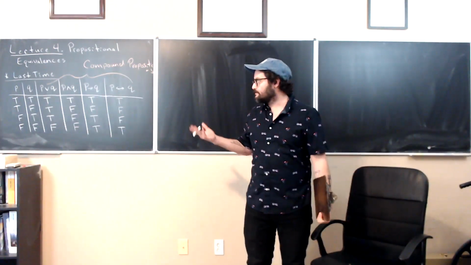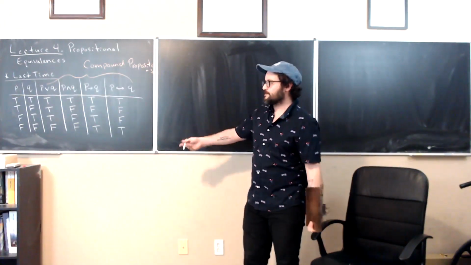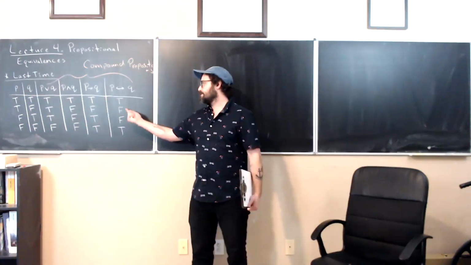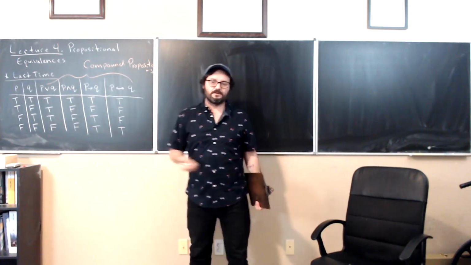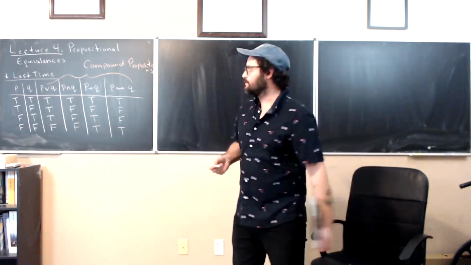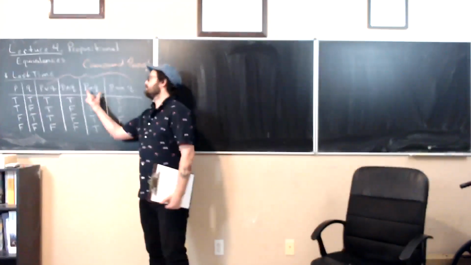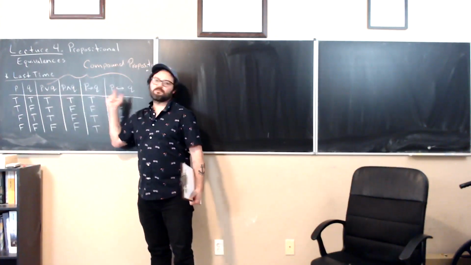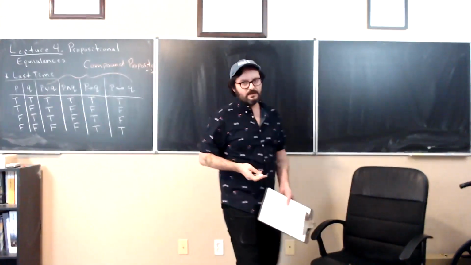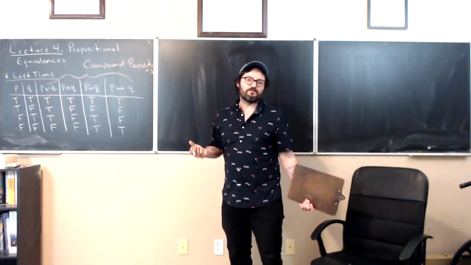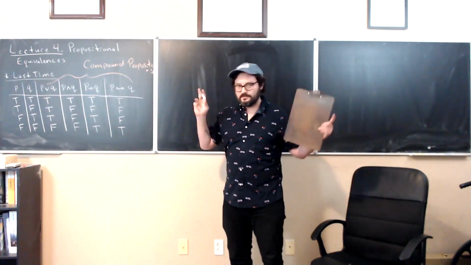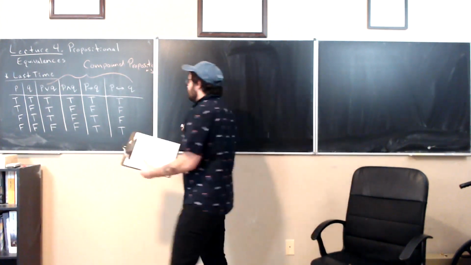But with compound propositions, there can be many different values depending on the variables that we put into whatever operator we're looking at. So first, we need to establish what it means for compound propositions to be equal.